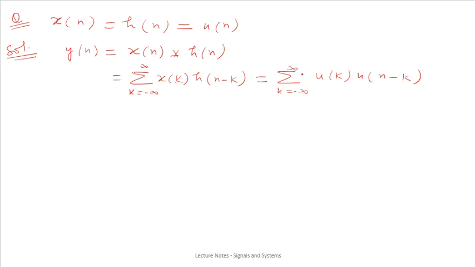So this is just putting the expressions of x and h in the given convolution expression.